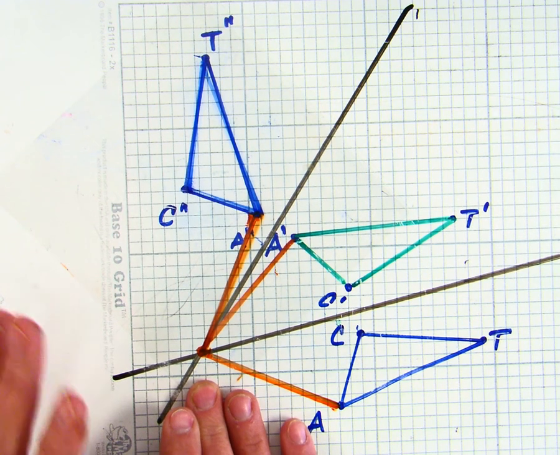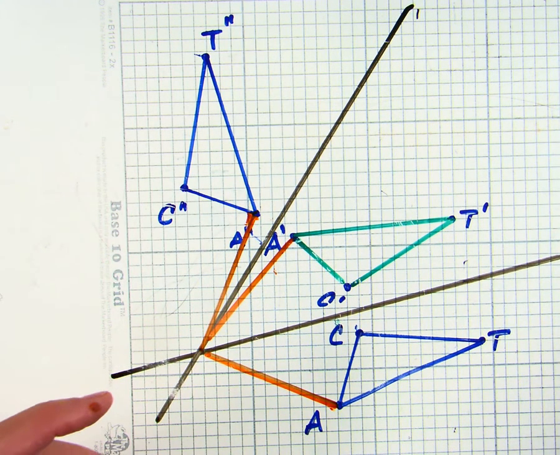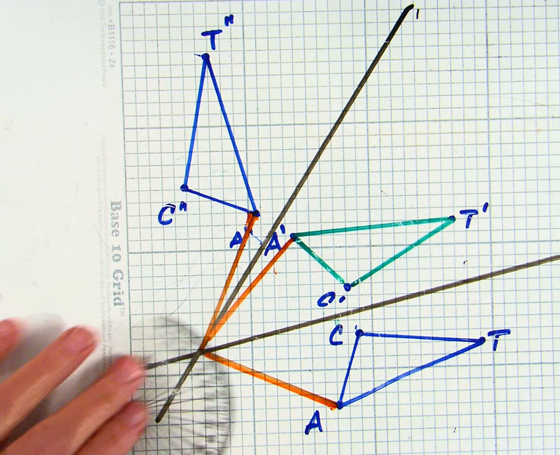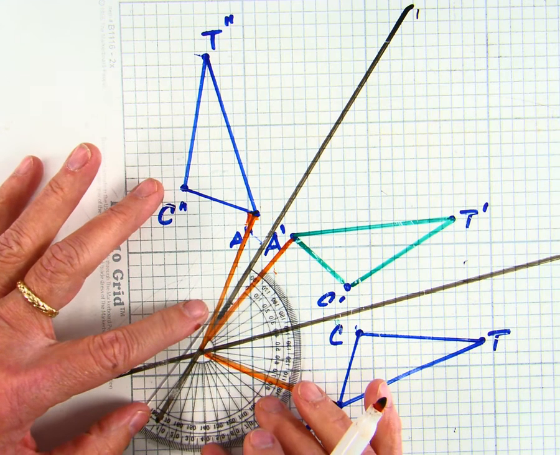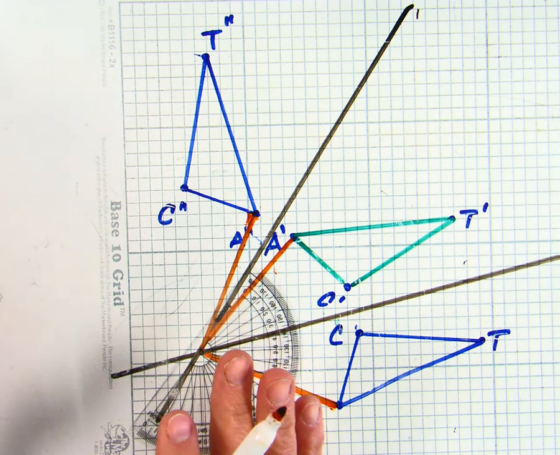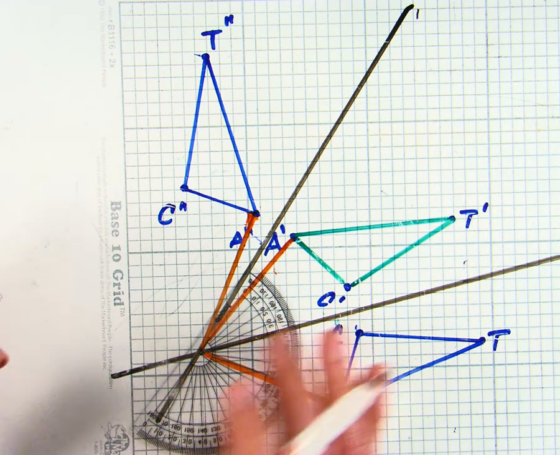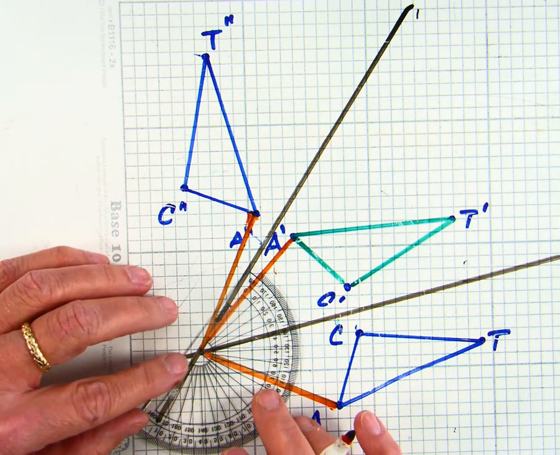Okay, rotation, we're going to measure in degrees, like an angle. So we'll get a compass, a protractor, and I'll measure these two angles, the ones that I created. Again, the rotation is always about the center. So where we measure the rotation is at the center of rotation and not on the figure itself.